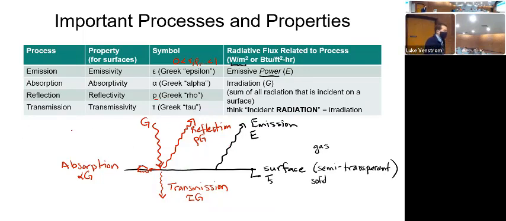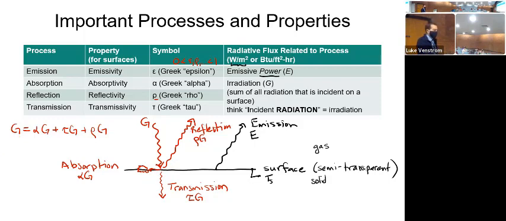Hopefully you can see that there's a relationship between reflection, transmission, and absorption. Because those are the three possible fates of the radiation, if we add those three things up, we have to get back to the original thing. Agreed? It all started as G, and it went into one of these three things.